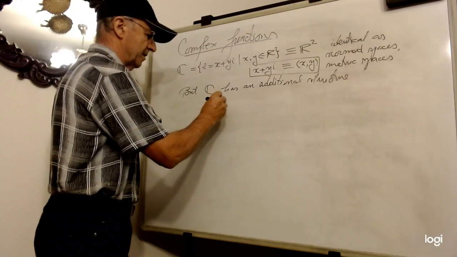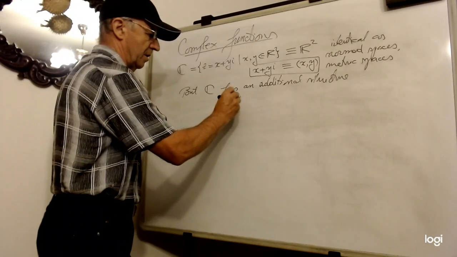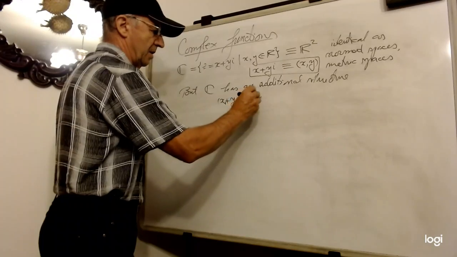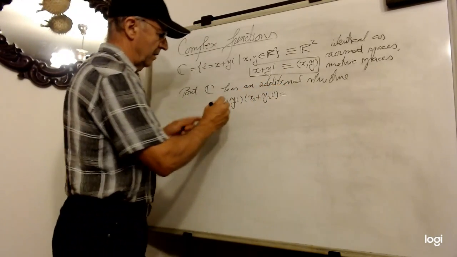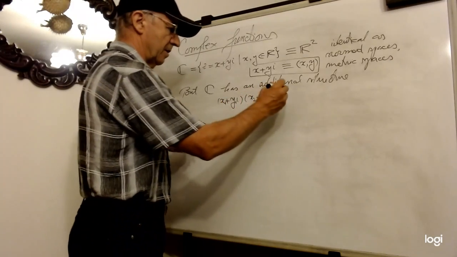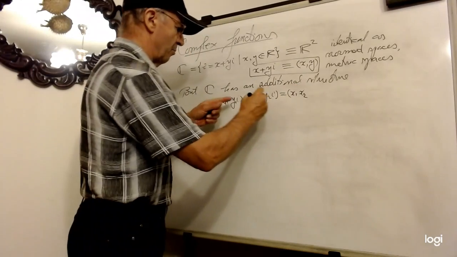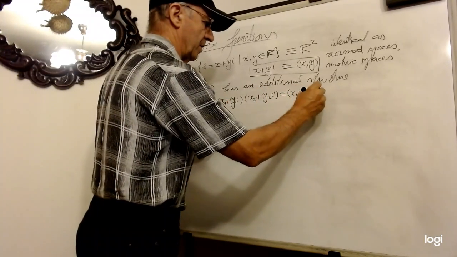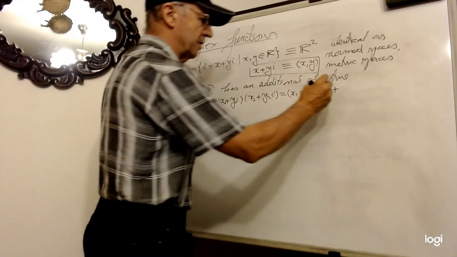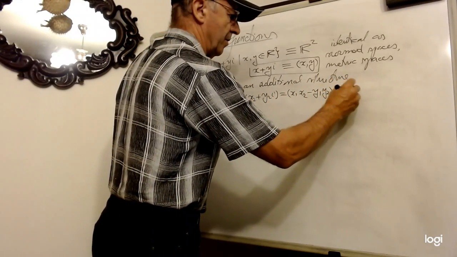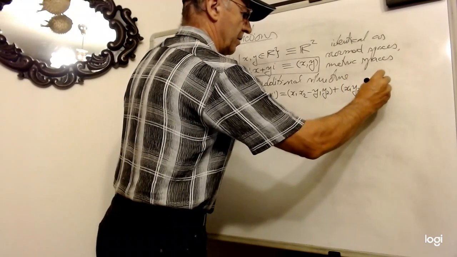The number x1 plus y1 i times x2 plus y2 i is a complex number. The real part is x1 x2 minus y1 y2, and the imaginary part is x1 y2 plus x2 y1, times i.